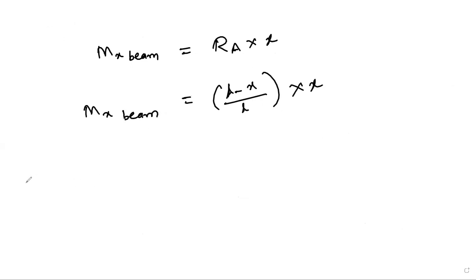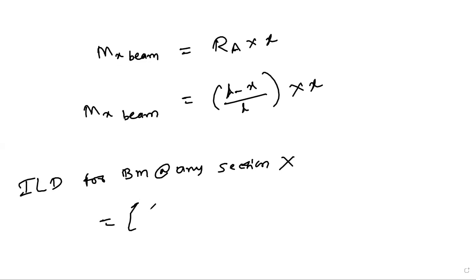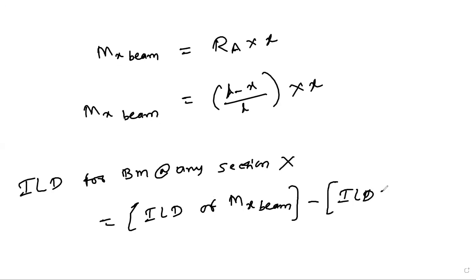Now what we have drawn, that is ILD for bending moment about any section x, is equal to ILD of moment about section of beam, that is due to reaction, minus Hy is there, so ILD of H into y.